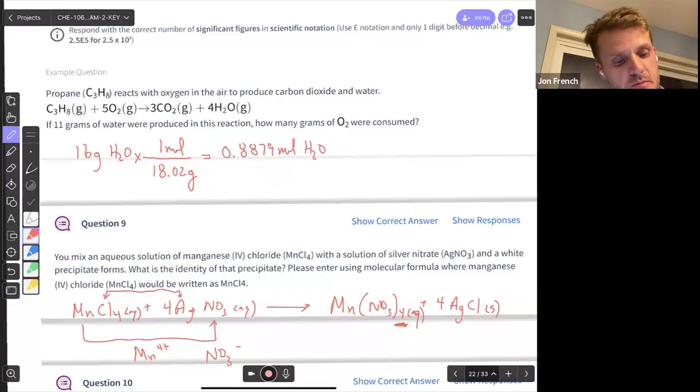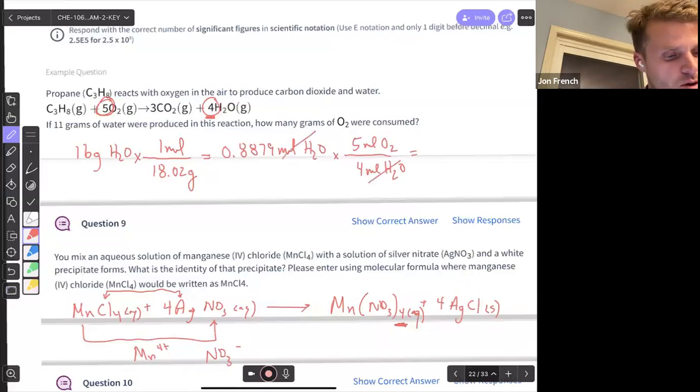From there, I go to the balanced chemical equation and use the molar coefficients: for every 4 moles of water in the reaction, I need 5 moles of oxygen. So moles of water cancel out. We multiply by 5/4 and I get something like 1.11 moles of oxygen.